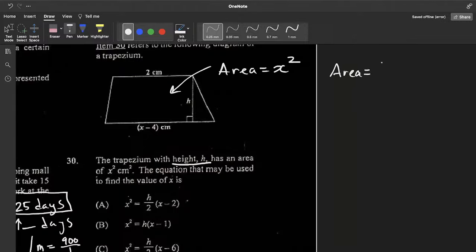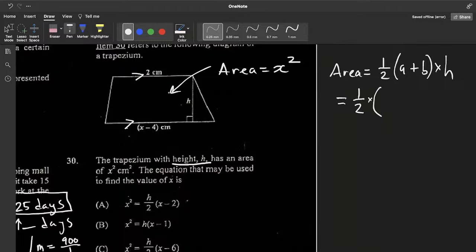This would be basically half, open brackets, a plus b times h. Now this is a formula you can find on the formula sheet. It's a formula for a trapezium. So what does a plus b represent? This represents a parallel line. So this parallel line and this parallel line. So that's equal to half, which is going to be multiplied by a plus b.